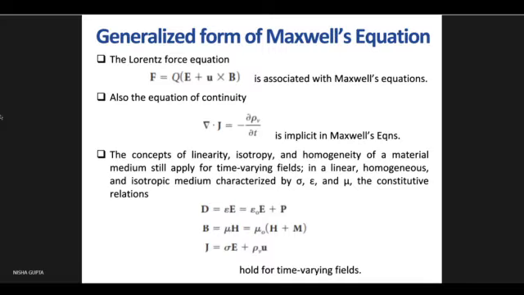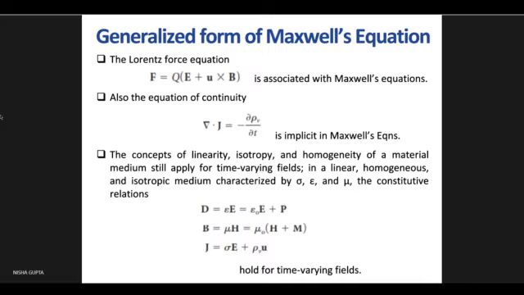It is known as the Lorentz force equation, and it is represented as F is equal to q within bracket E plus u cross B. This is also associated with Maxwell's equations. We do not write it along with these four equations, but it is always assumed to be there with them.